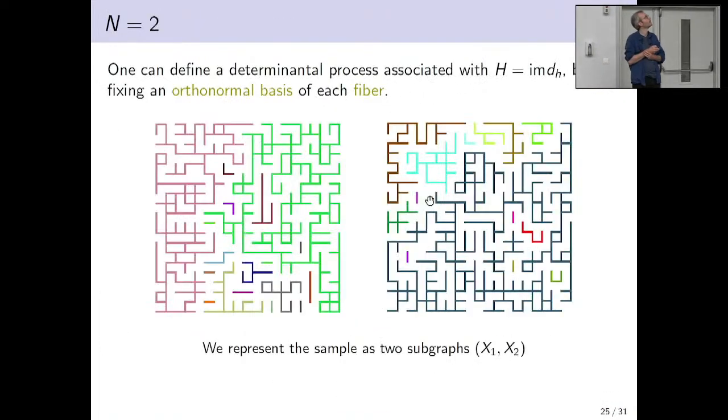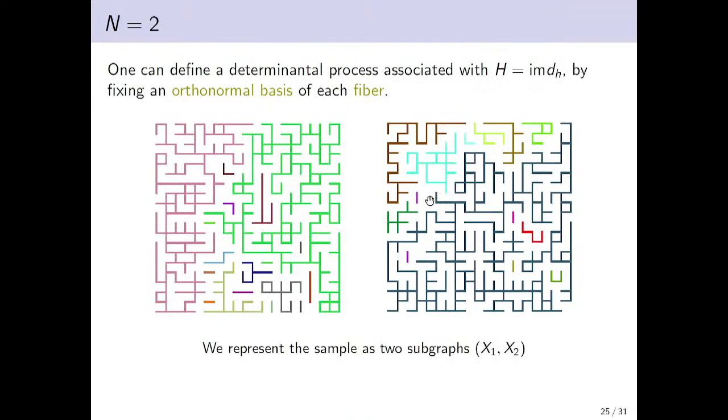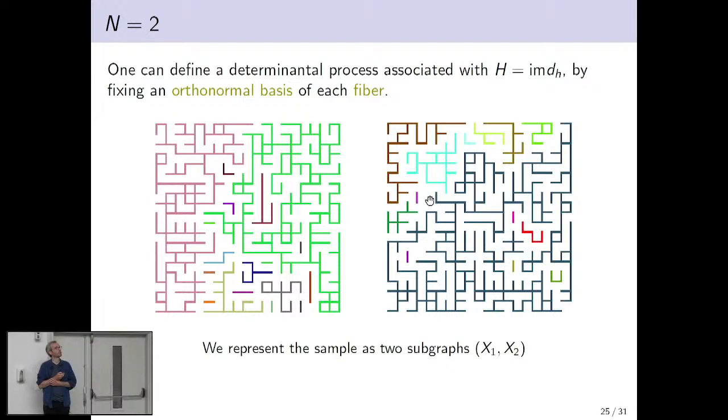Okay. Now what happens when n equals 2? So when n equals 2, one method to define a determinantal process is to say, okay, we know what our space, Euclidean space E, is. It's just the space of one forms. We know what a tentative subspace H would be, which is the image of this covariant derivative.